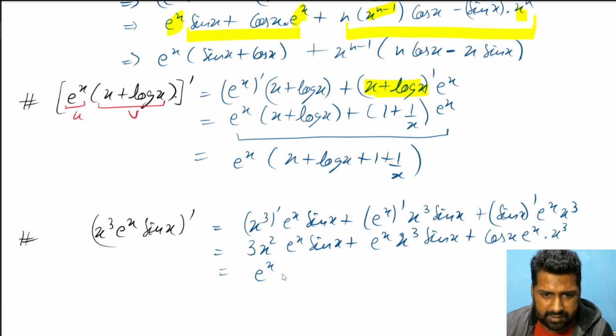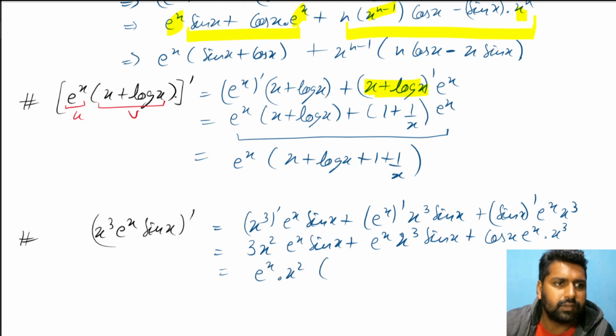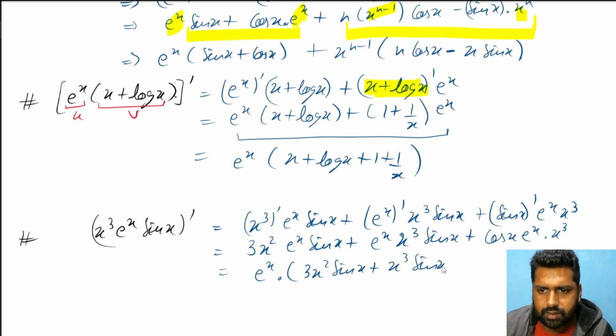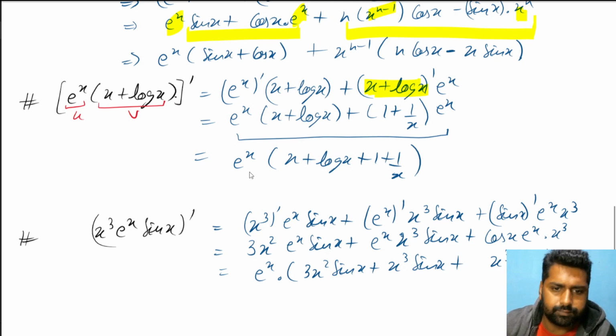So e raised to power x and x square common. What is left? Let's take e raised to power x only. If you feel this is slightly complicated, e raised to power x as it is: 3x square sin x, x cube sin x, e raised to power x is common now, so x cube cos x. If you want, now you can take x cube common.